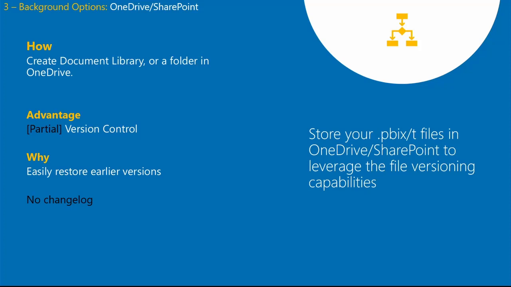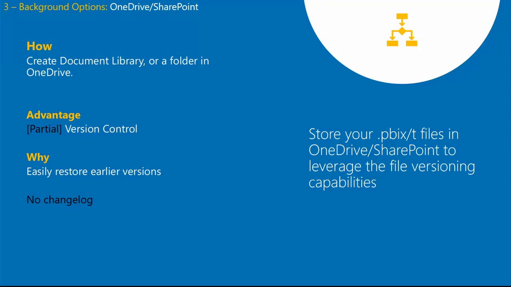But if you don't have Git, because Git is difficult and for developers, and that's fine, there is an easy way to get some level of version control using OneDrive and or SharePoint, because these have built-in file versioning just out of the box.